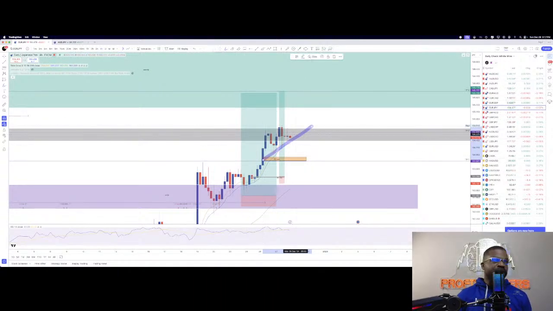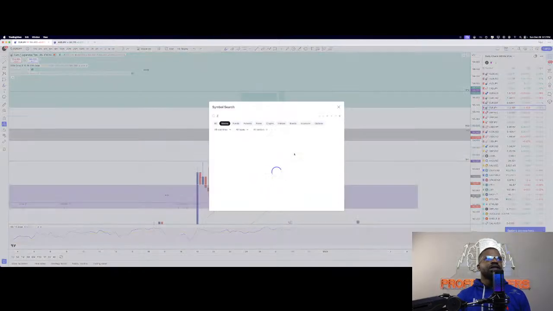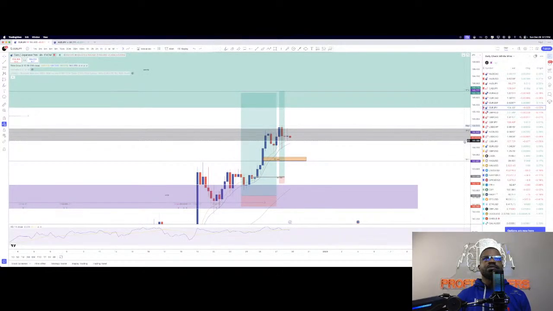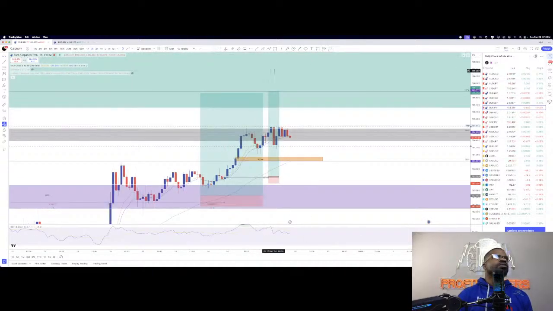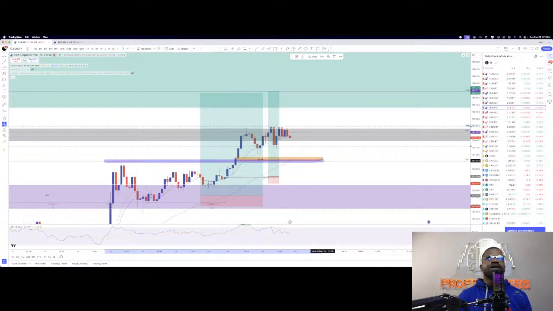I either want to see this or this from this area. So let me set that alert. Yep, so this area that I was taking a look at, this was a significant high that was broken, but it is yet to be retested.